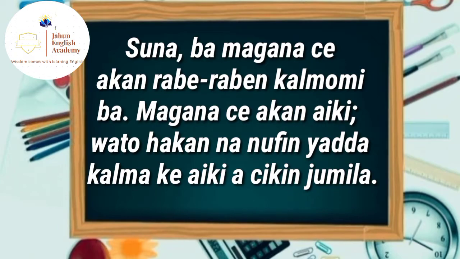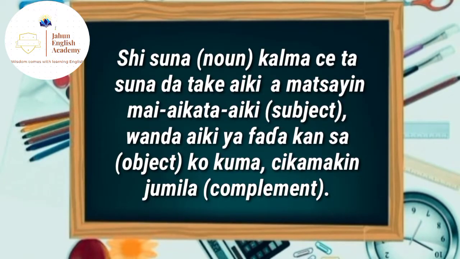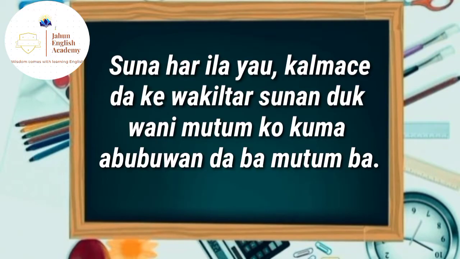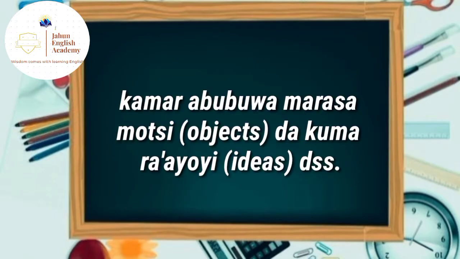It is a matter of function, that is, how a word functions in a sentence. A noun is simply a naming word that functions as a subject, object, or complement of a sentence. A noun is also a word that represents the name of any human being or non-human attributes such as objects, ideas, etc.